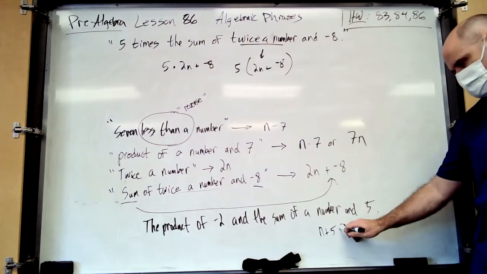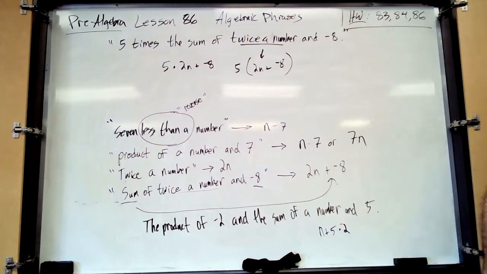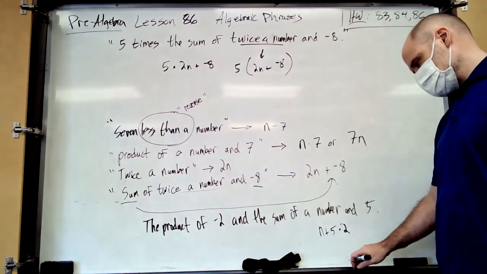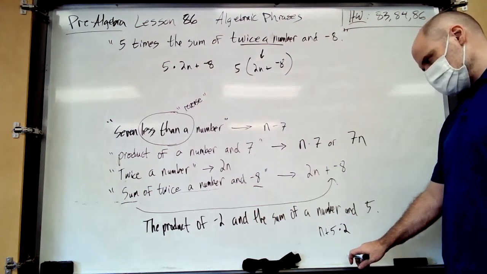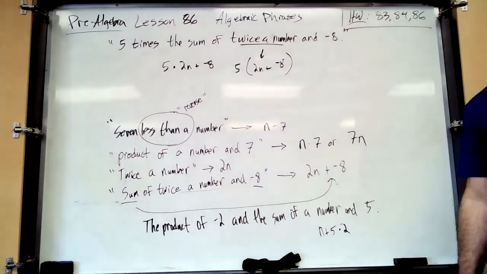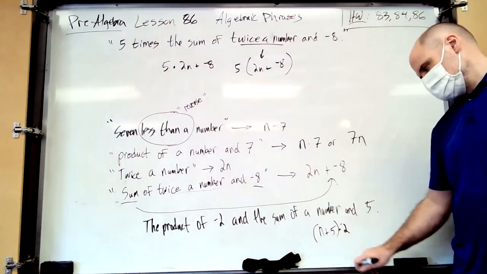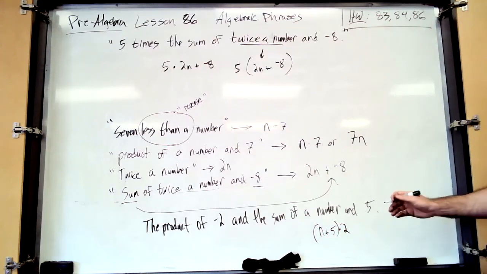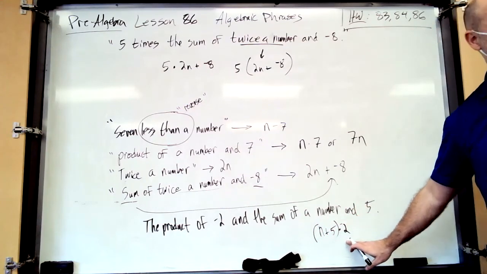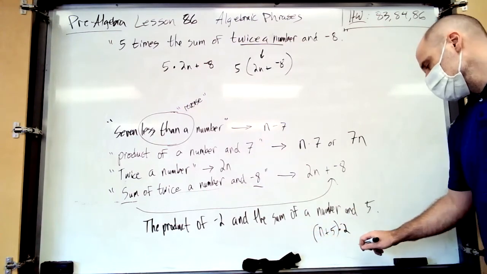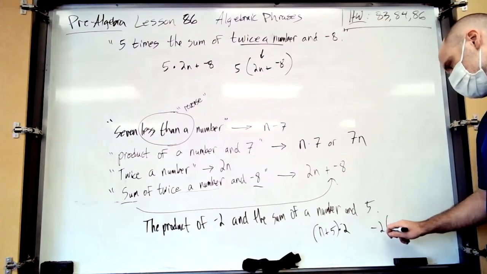Okay, good. There you go. Is it n times negative 2 in parentheses times n plus 5 in parentheses? Yes. The negative 2 is outside. Okay, so you can have this here or you can have it there. So did I get it right? Yes. I got it right.